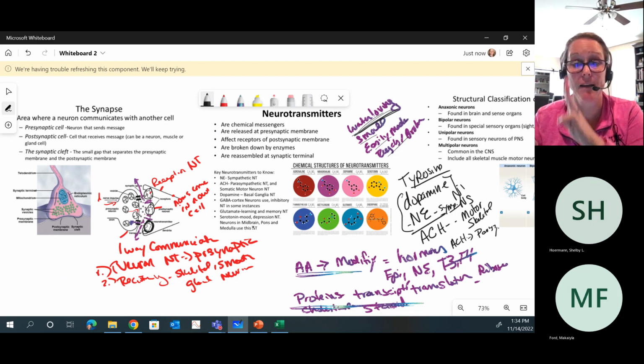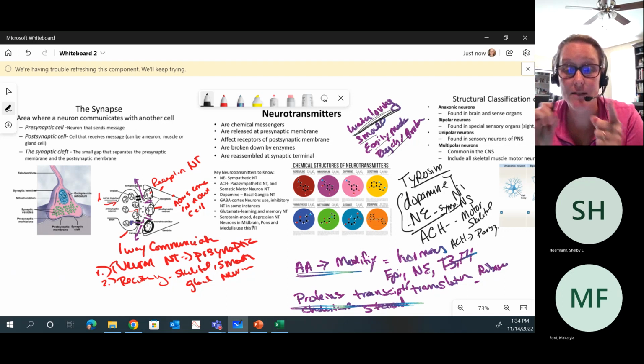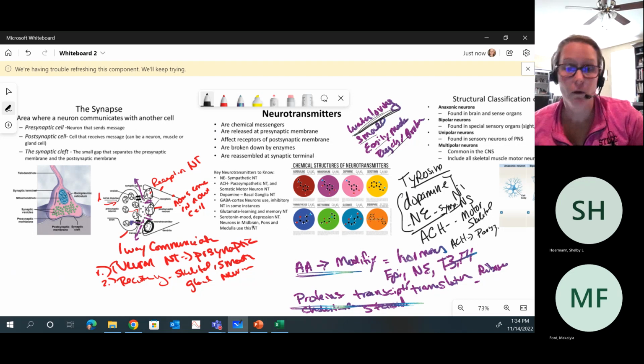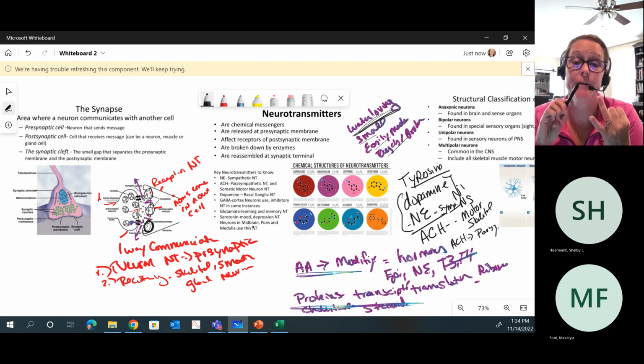Or they're trying to make the receptor blocked or the receptor more available and more affinity for the neurotransmitter. And you're messing with the synapse to try to make the neuron receiving the neurotransmitter up its sensitivity or bring its sensitivity down.